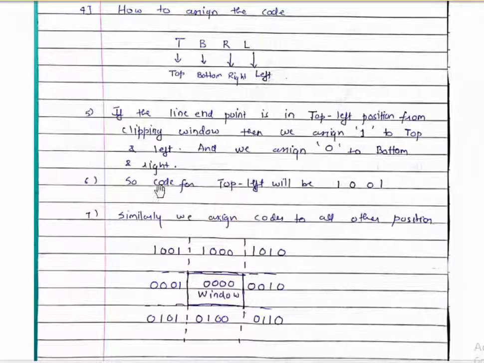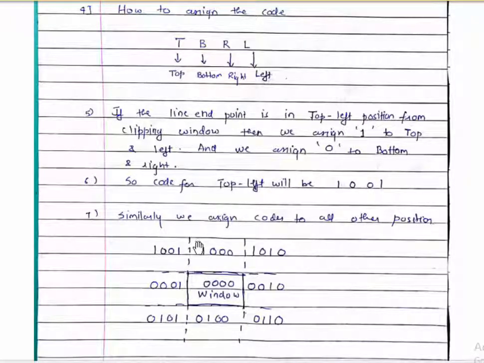So we assign the code 1001. Basically we assign 1 for top and 1 for left, so that's why it is the top left corner. We assign 0 for bottom and right because it's not there. Similarly we assign the codes to all other positions.